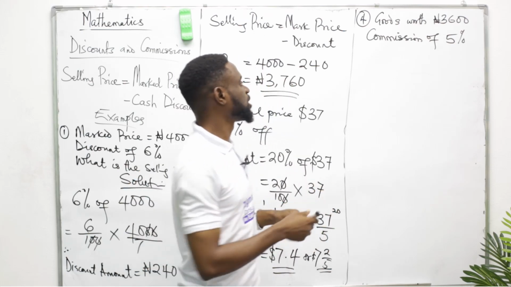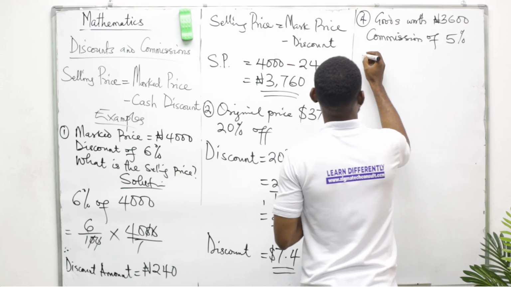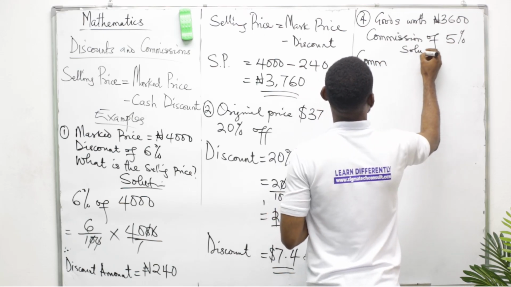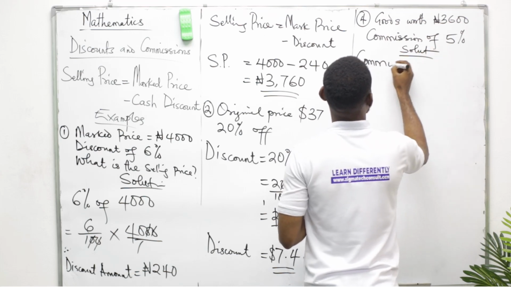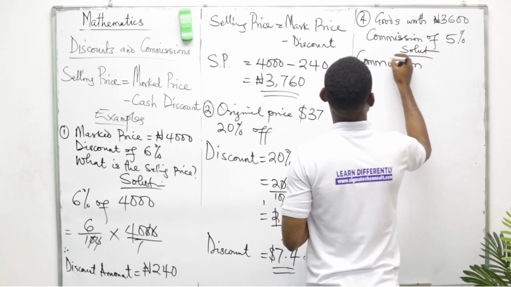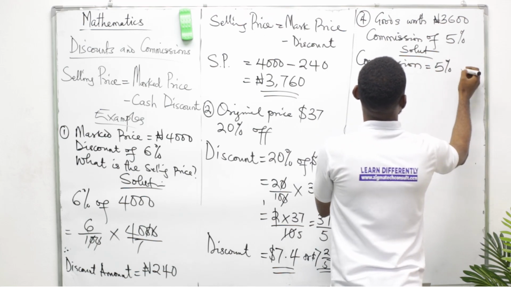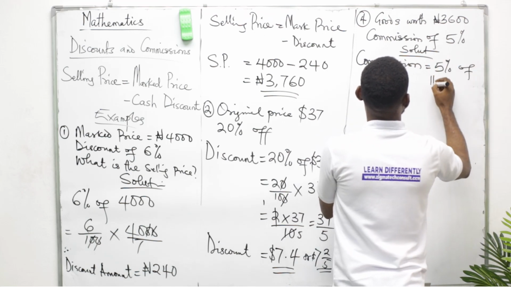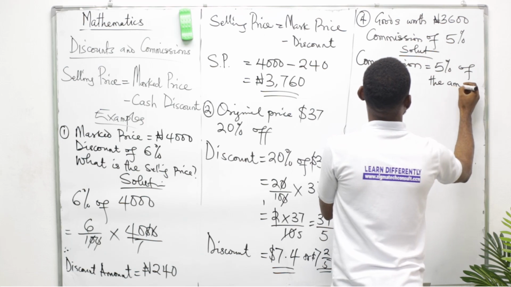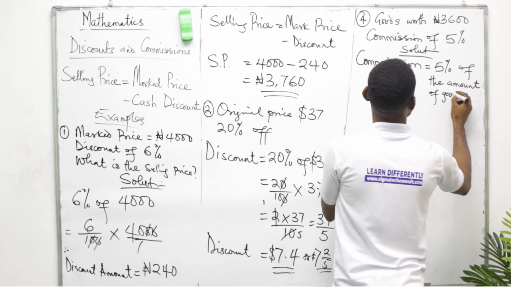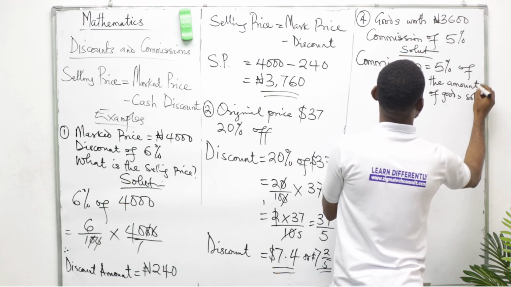So it's simple. Solution. His commission is 5% of the amount of goods sold.